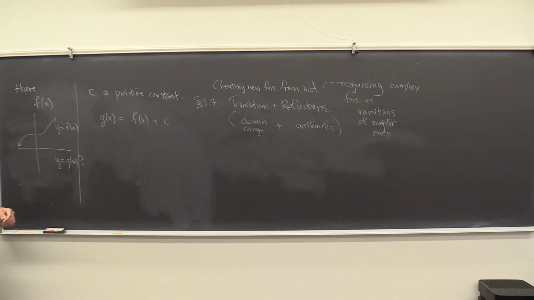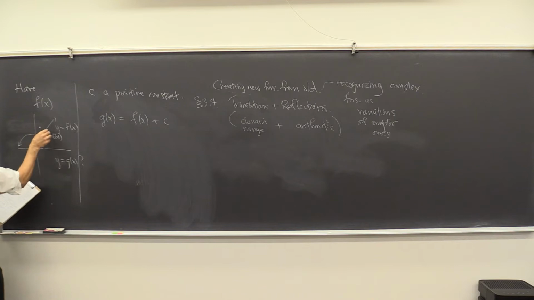Yes? Just shifted upward. It's shifted upward by c. Whatever c is, let's say c is this number here. All you're going to do is take every point and shift it up by c. If this point is x comma f of x, then the point on g is x comma f of x plus c.